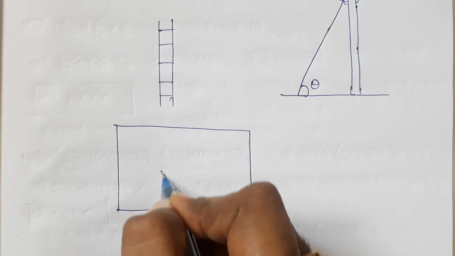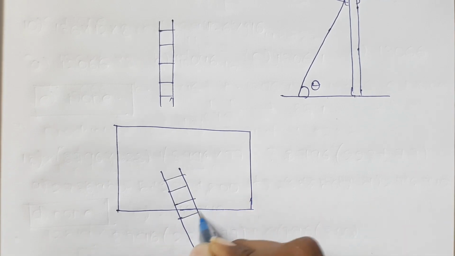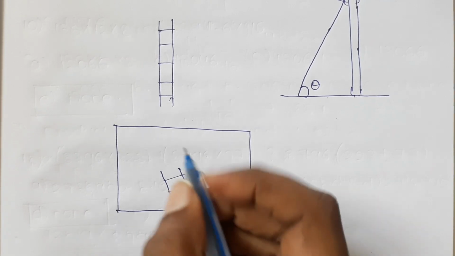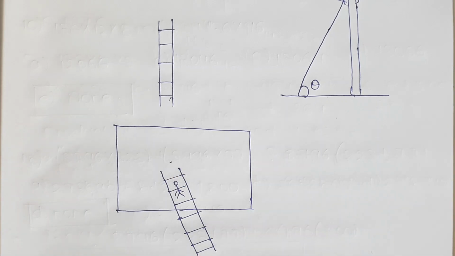Here is the ladder, and here the person is whitewashing the wall at the top with the help of the ladder.